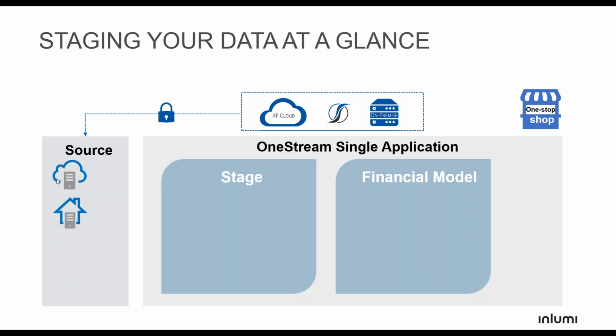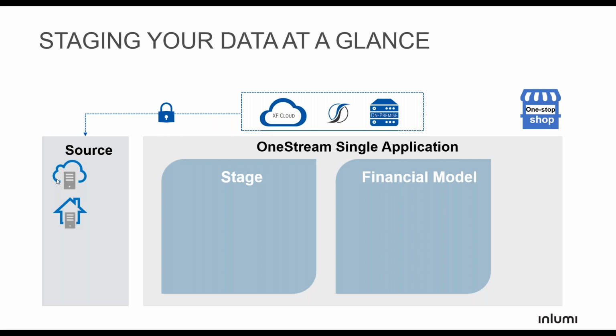So OneStream can connect to any source. It doesn't matter if it's on-prem, if it's cloud. The limitation mainly comes from the source APIs. Okay, so if we have a source system that only allows connection through the relational database layer, then we will only be able to connect through the relational database layer.